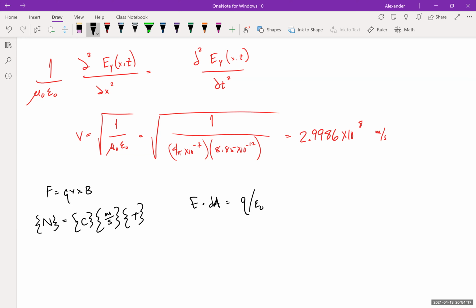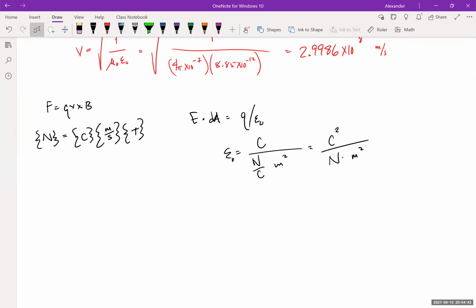So if we solve for epsilon, it's got to be coulombs over electric field, which I guess would be newtons per coulomb, times meters squared. So that's coulomb squared over Newton meters squared, right?